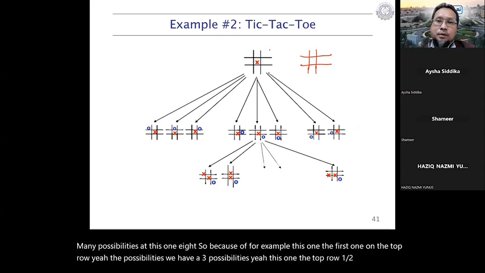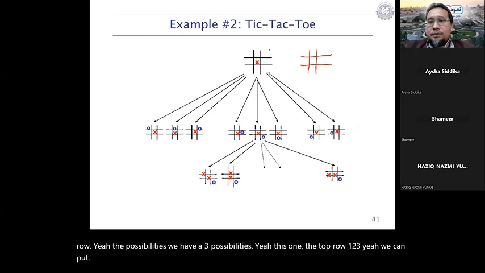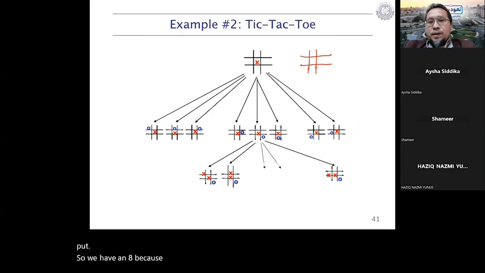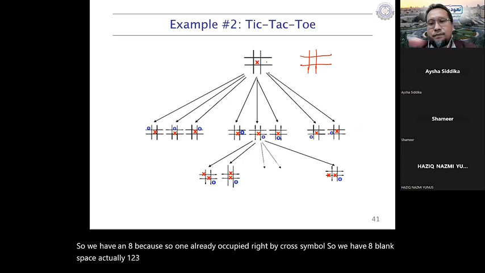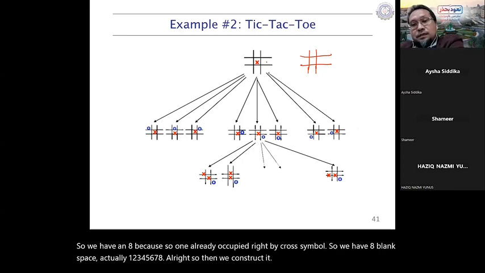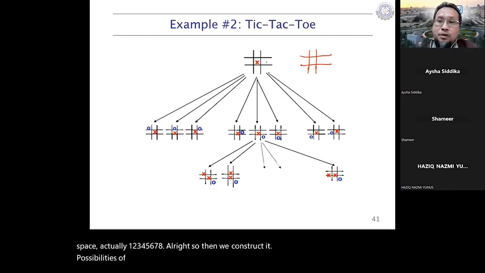We have 8 because 1 is already occupied by the cross symbol, so we have 8 blank spaces: 1, 2, 3, 4, 5, 6, 7, 8. So we construct 8 possibilities of this symbol in order to reach the goal.